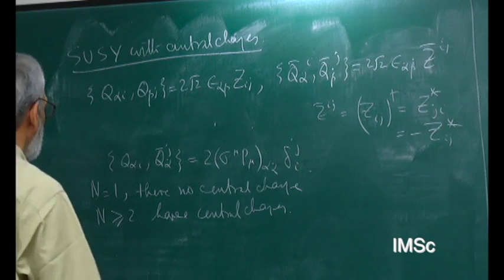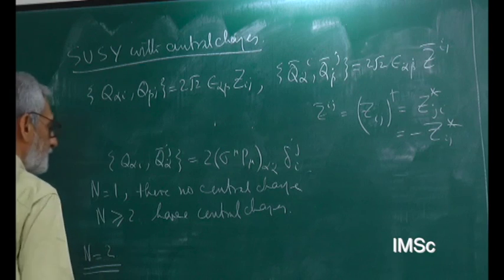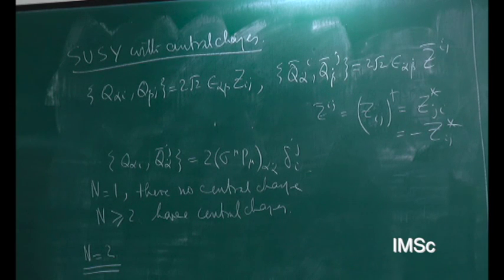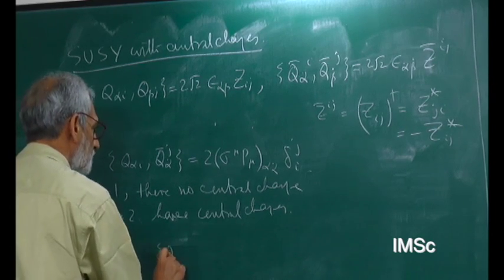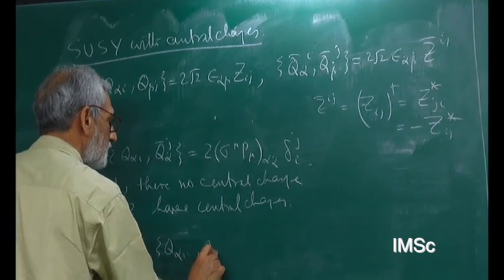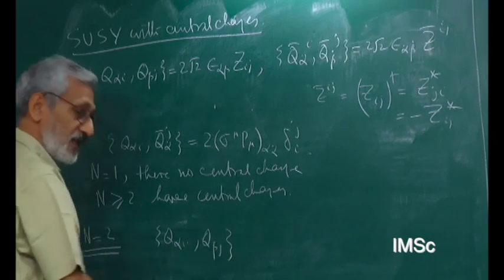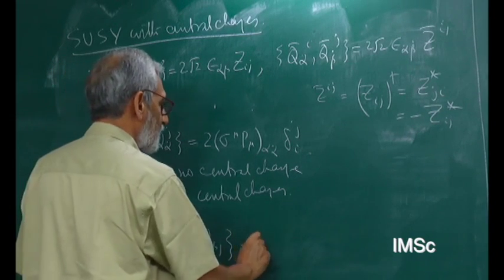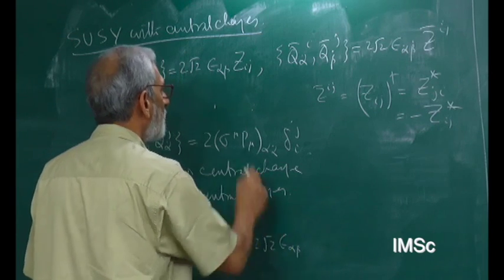So let me take n equal to 2 in particular. What happens to the algebra? Anticommutator of Q alpha I, Q beta J is 2 root 2 epsilon alpha beta Z^{IJ}.